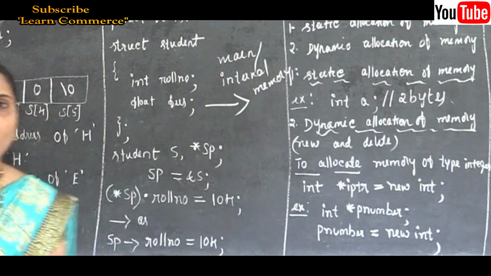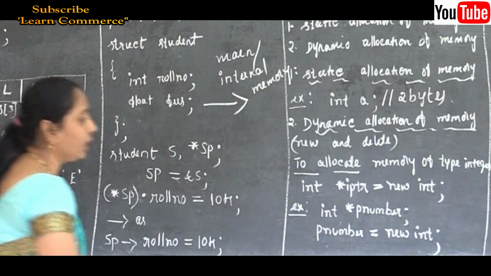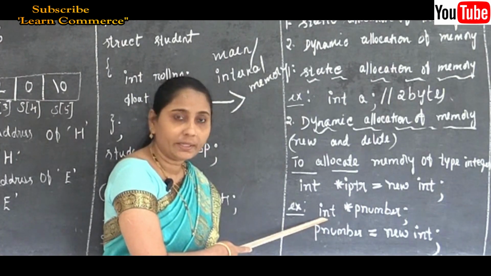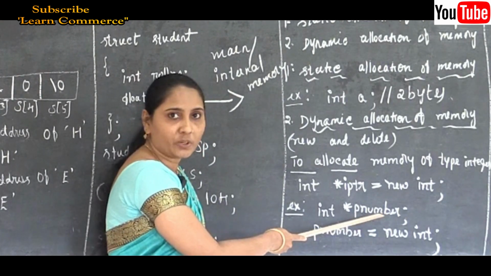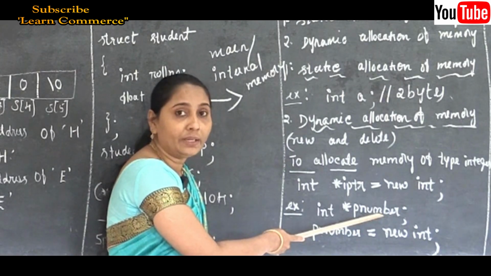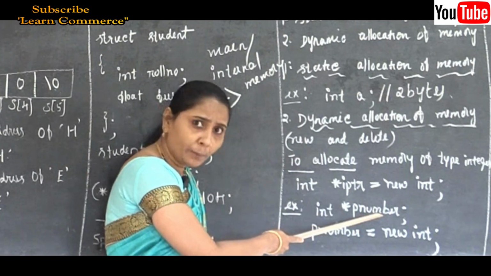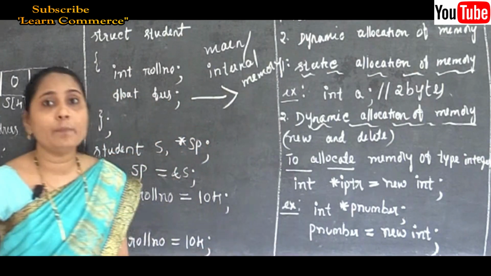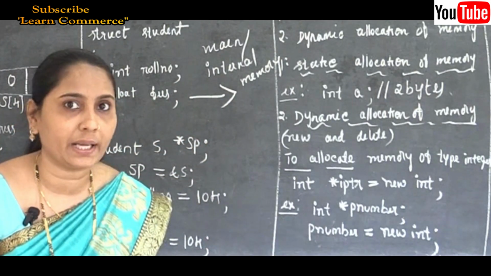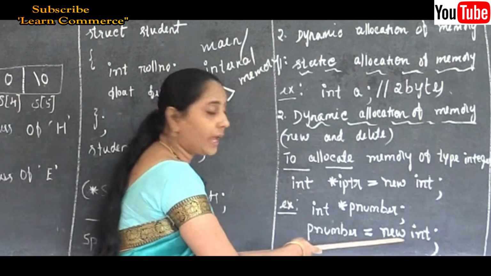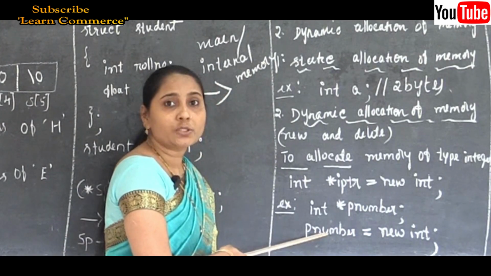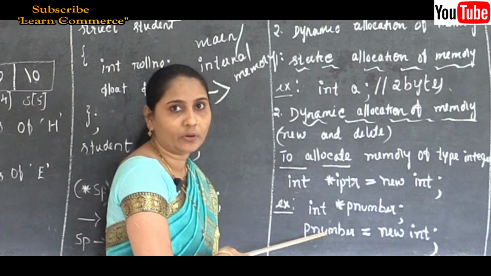So what's the meaning of the first and second line? We can say the first line declares the pointer pnumber. Clear this point? That means in the first line we declare the pointer pnumber, and the second line then allocates some memory for an integer, correct? Some memory for an integer, and then makes pnumber point to this new memory. Clear this point?